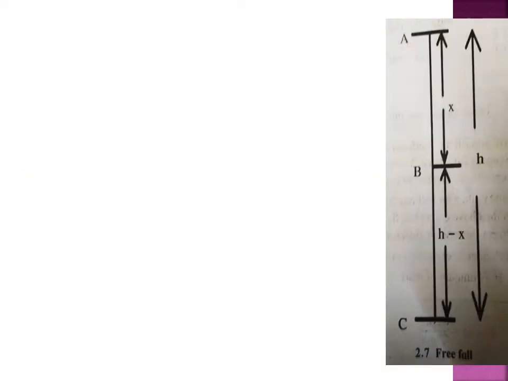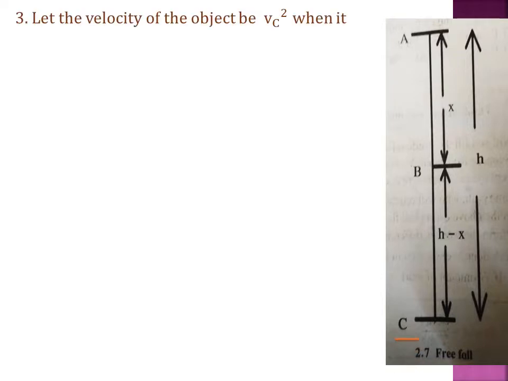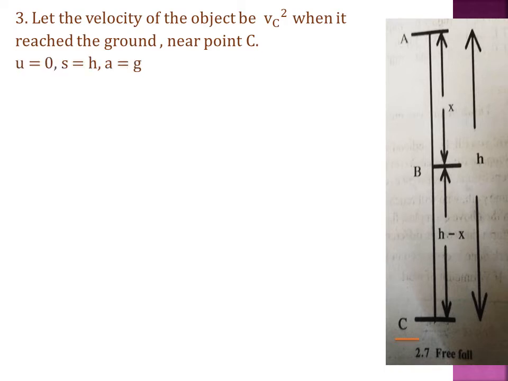Let the velocity of the object be Vc when it reaches the ground near point C. Here initial velocity is equal to 0, distance is equal to total height h, acceleration will be equal to g, that is acceleration due to gravity. Newton's third equation of motion is v square is equal to u square plus 2as.